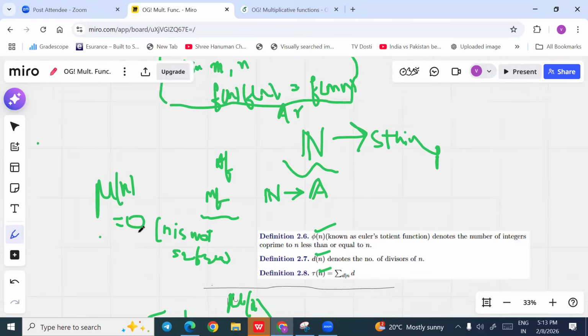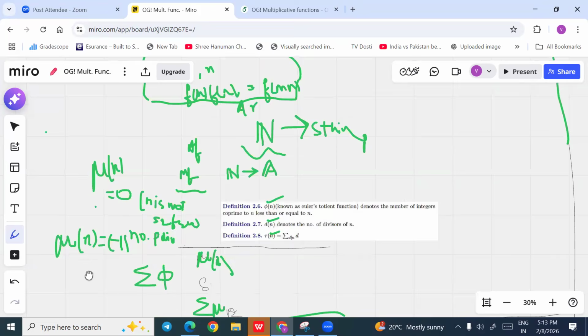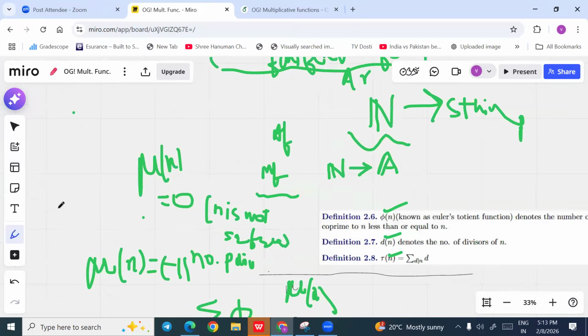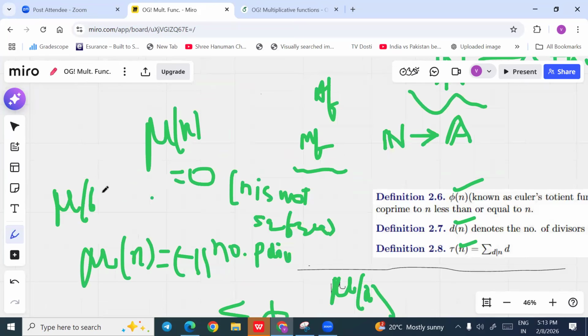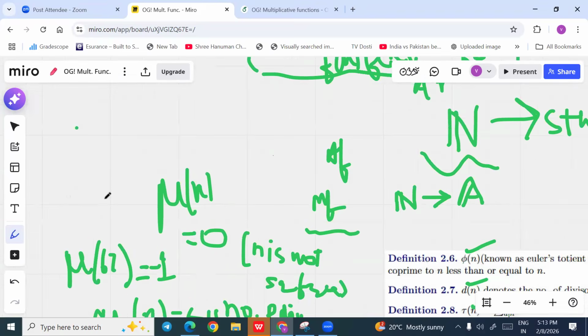Now, if n is square free, then we let Mobius of n be minus 1 to the power of the number of prime divisors it has. For example, if you take a random number, say 67, Mobius of 67 would be minus 1, and Mobius of 67 squared would be 0.